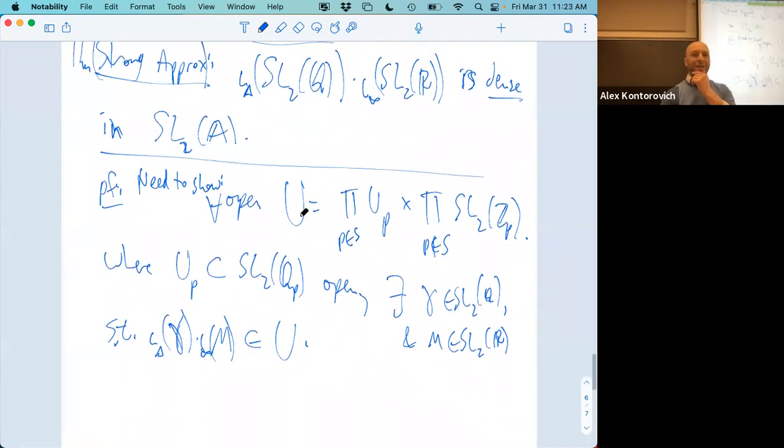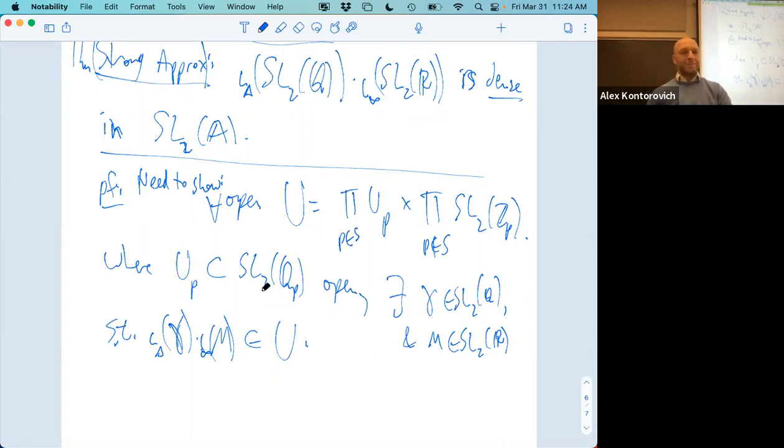What does density mean? Any open set contains a point. An open set in the Adeles is something that's just compact for all but finitely many places. In those finitely many places, I have some open set in SL2Q_p.